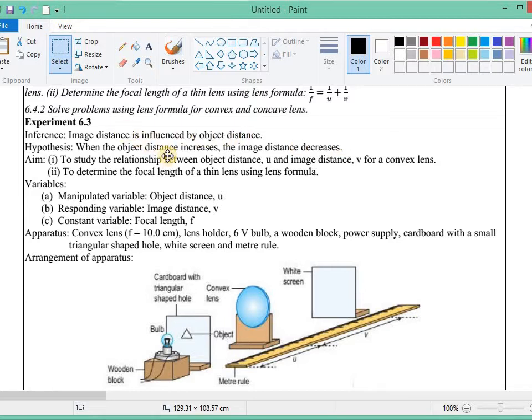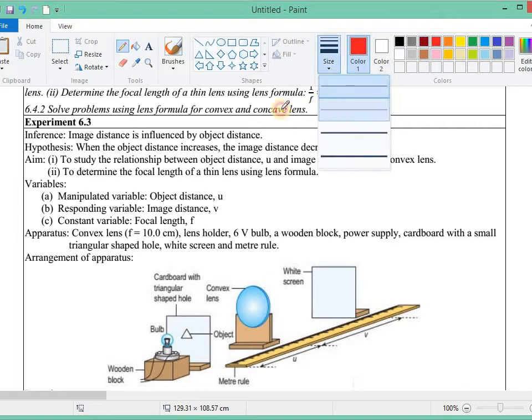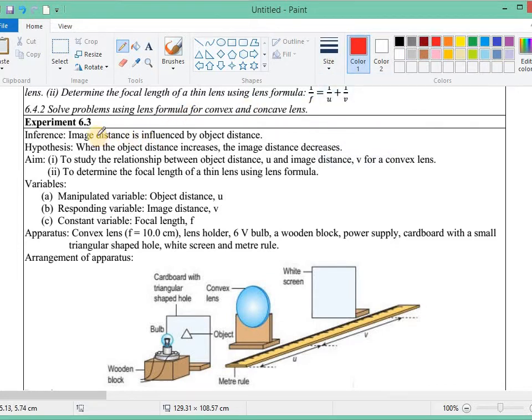In this experiment, the inference is that image distance is influenced by object distance. Hypothesis: when the object distance increases, the image distance decreases.